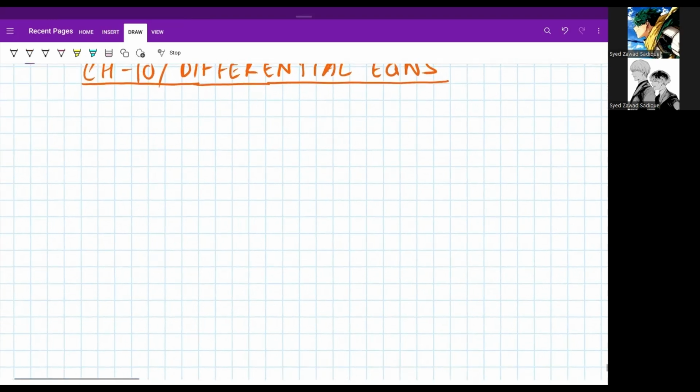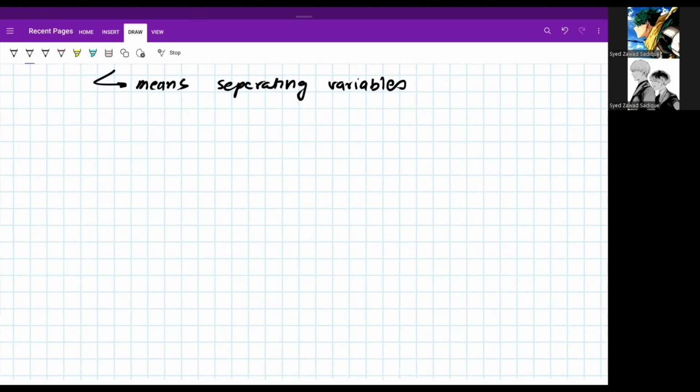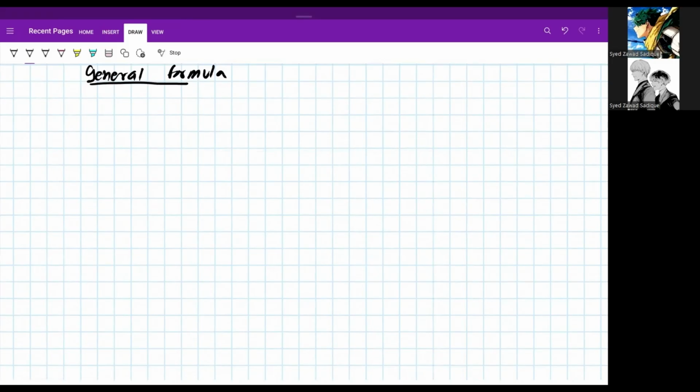So what does differential equation mean? It means separating variables. The general formula is f(y) dy by dx equals g(x).